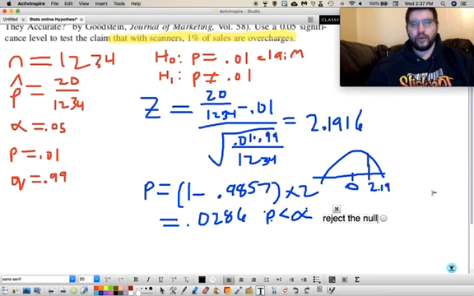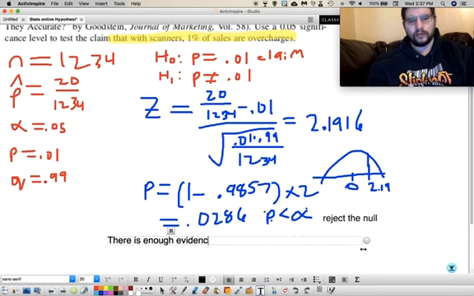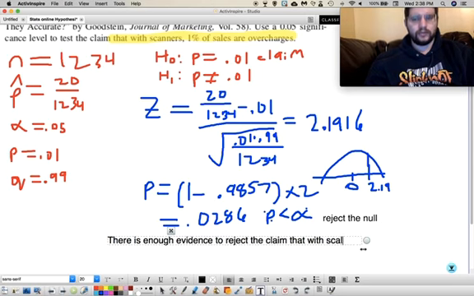Okay, so we disproved our claim here. There is enough evidence to reject the claim that with scanners, 1% of sales are overcharges.